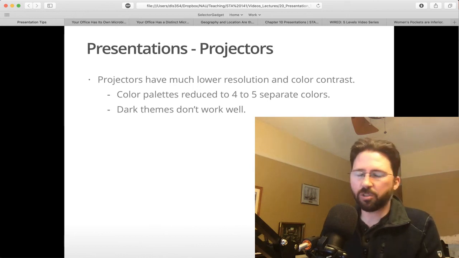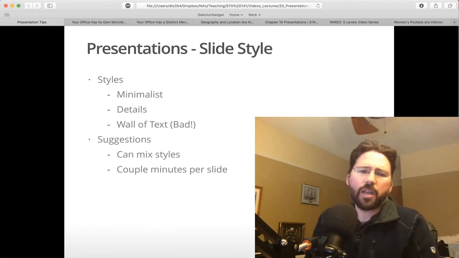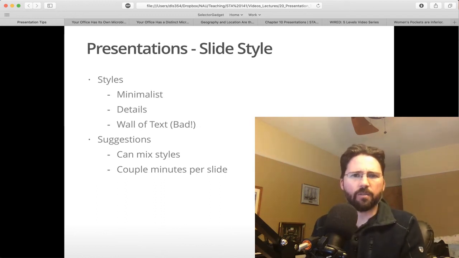Now, finally, we can talk about your slide style. You might have noticed different presenters having different slide styles. You can have what I refer to as a minimalist slide style. If you remember anything about Steve Jobs presentations, he always did this.